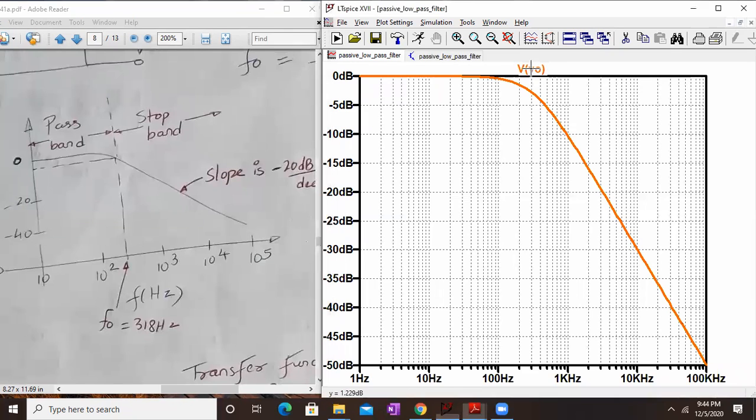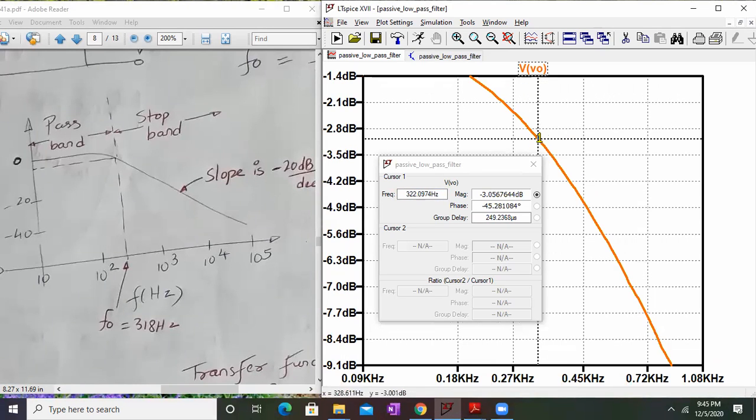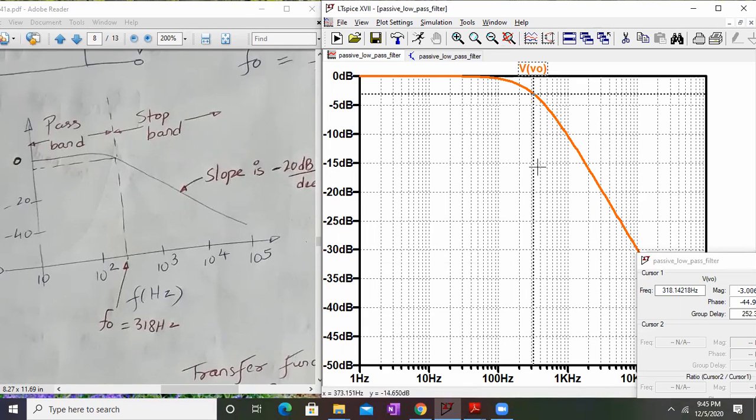What it will do is pass all the frequencies. Let me just get back to that minus 3 dB. Again it has gone. Let me adjust this to minus 3. Yeah, this is minus 3, right? Over here, as you can see this line, to the left hand side of this line, all the frequencies before 318 hertz will be passed as they are.